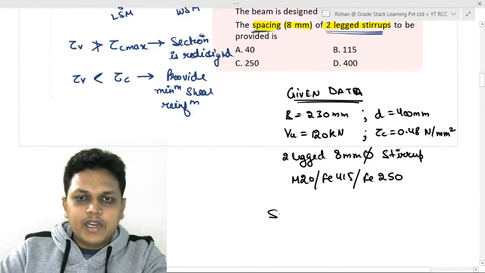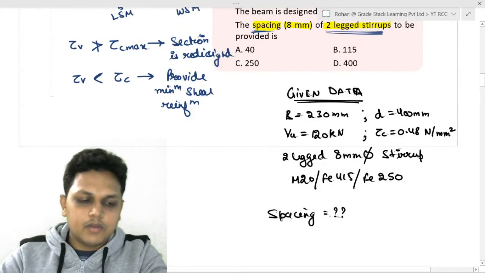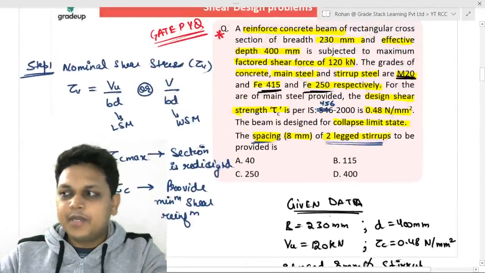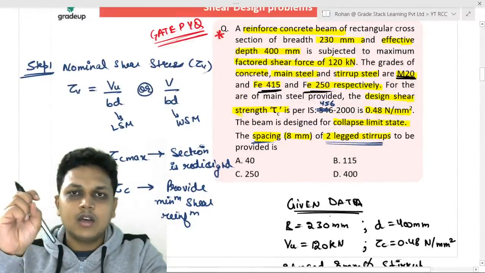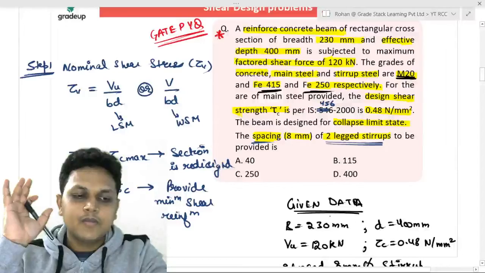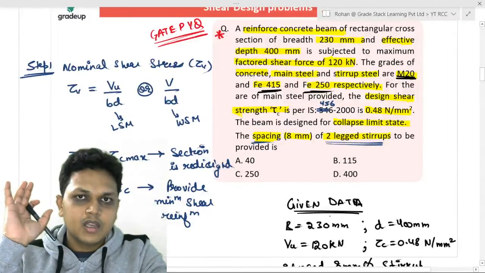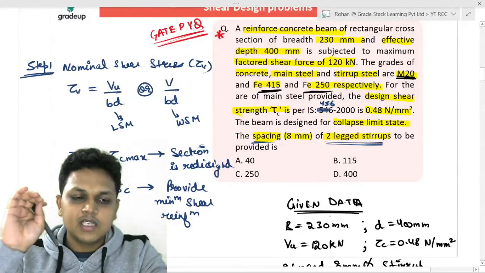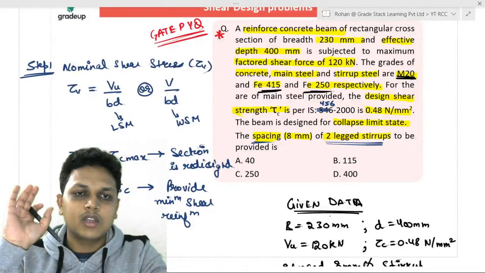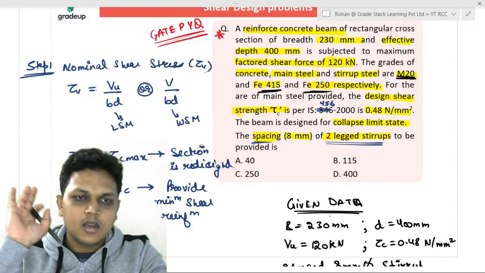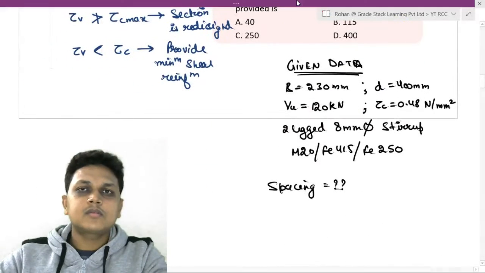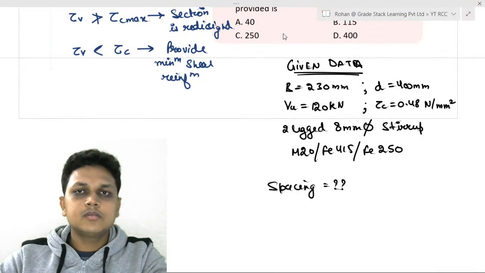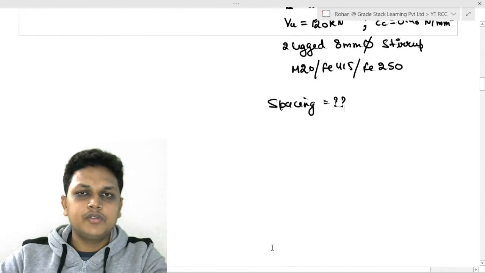And we are asked to find out the spacing of the stirrups. So see, this is the question. Up till now we have just been able to understand what the question is and what we have to calculate. Now let us proceed with the design of shear.